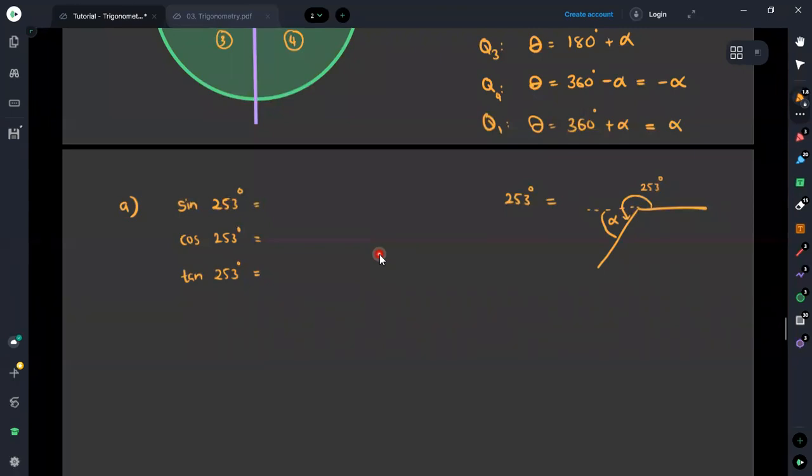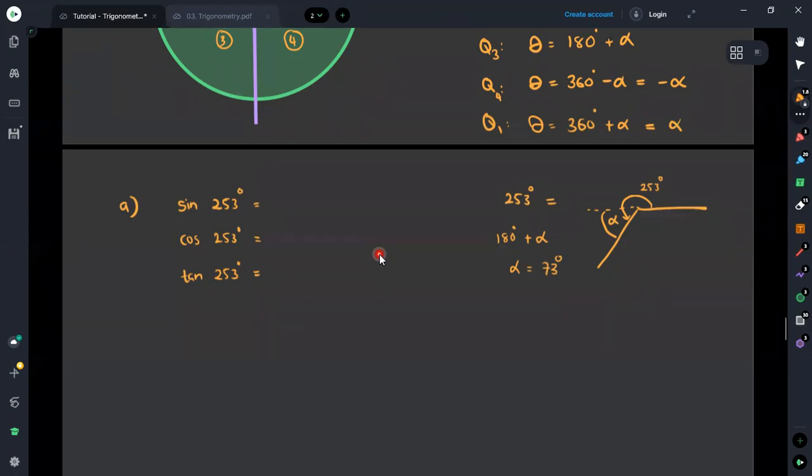Then this can be taken as 180 plus alpha. Instead of 253 degrees, we can say it is equal to 180 plus alpha, where alpha is equal to 73 degrees. Therefore, addition of these two angles again gives the value 253.